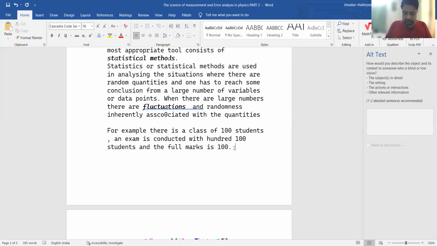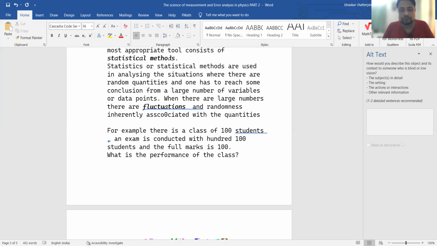Now, if someone asks, what is the performance of the class? This is very difficult to describe with the marks of individual students, because there are many types of students. Some are average students, some are below average, some are very good, some are extremely good. So the marks of one student cannot describe the overall performance of the class.